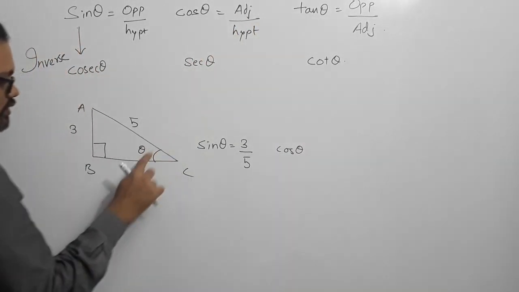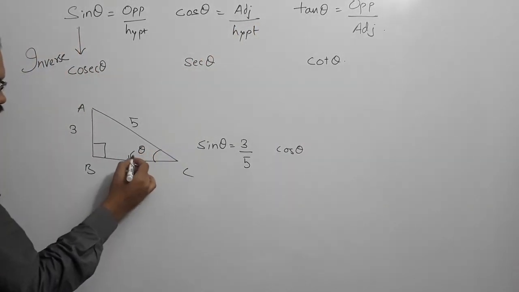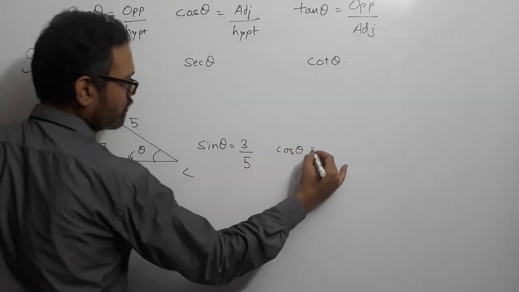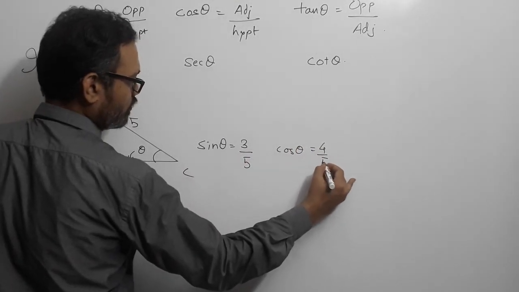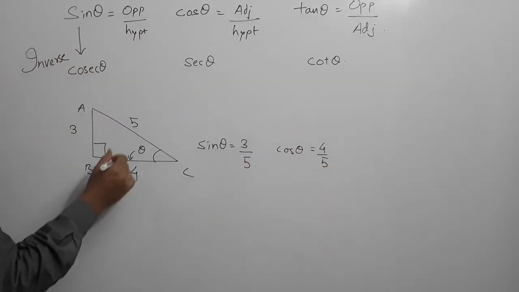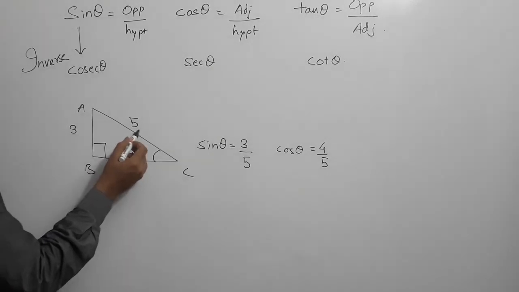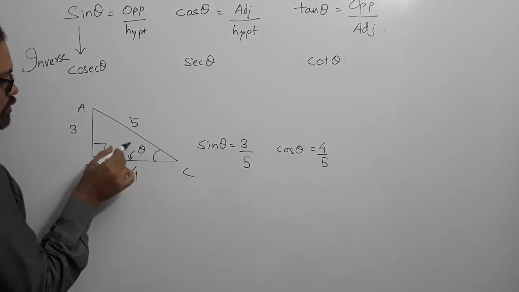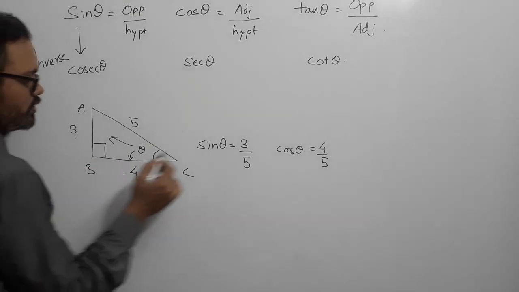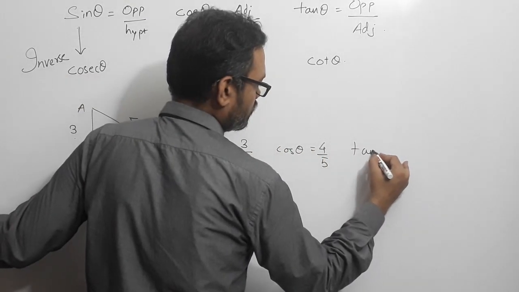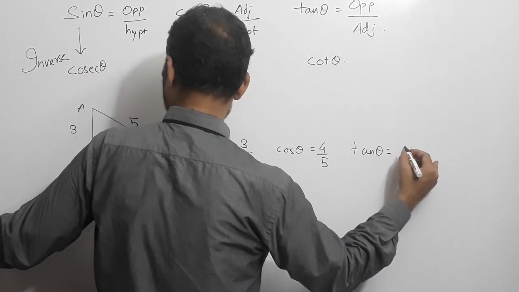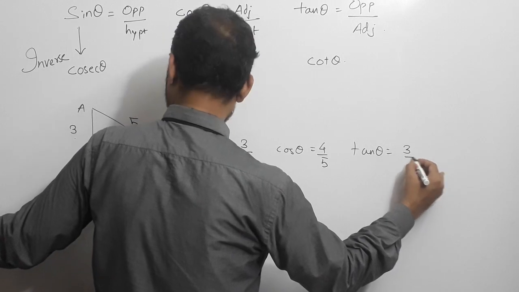Cos theta is adjacent. Adjacent means side next to this, which is 4, 4 upon 5. What is tan theta here? Opposite upon adjacent, which is 3 upon 4.